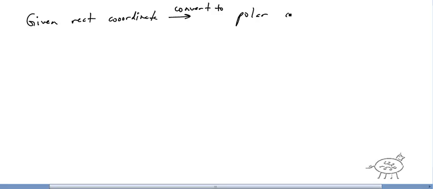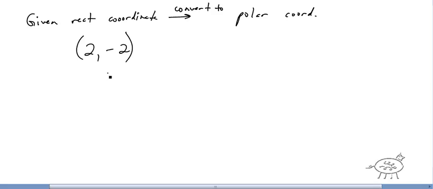If I give you a rectangular coordinate and I want you to convert to a polar coordinate, that's pretty easy. It's 2, -2. So that's a rectangular coordinate.